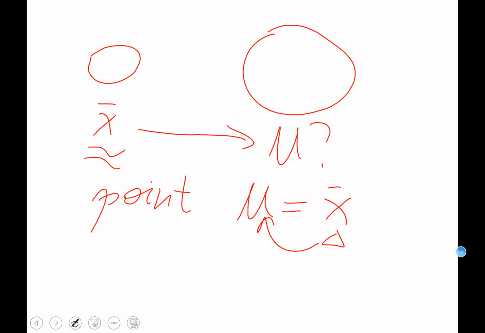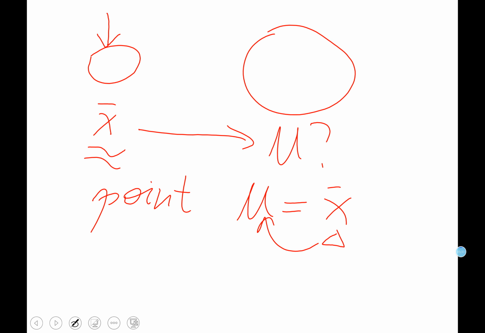But we can know that the result of the point estimation is not very correct, because we said that the sample is small, and the population is very big. So the sample is just a small part which is randomly drawn from the population.